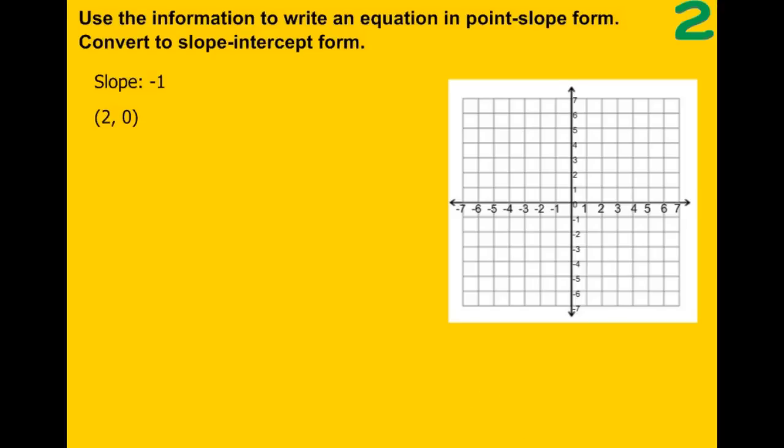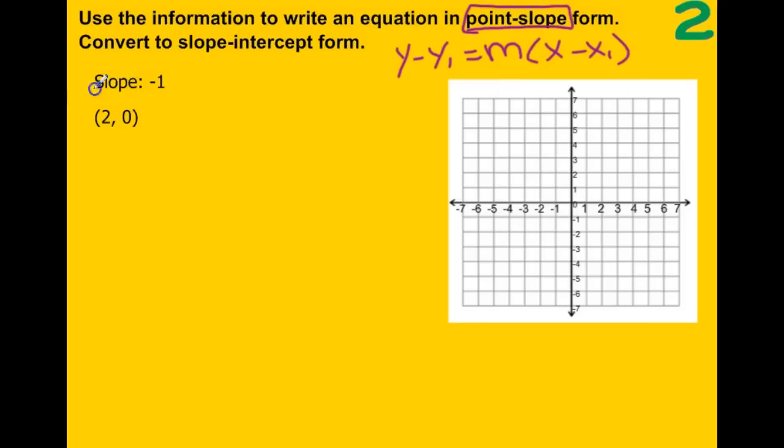This one, same thing, I just was nicer and gave you some more room. So use the information to write an equation in point-slope form. Convert to slope-intercept form. So I'm going to write point-slope form. If you're not sure what it is, look at the wall. It says y minus y1 equals our slope, x minus x1 in parentheses.